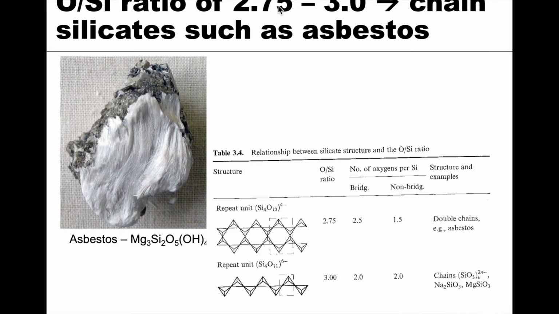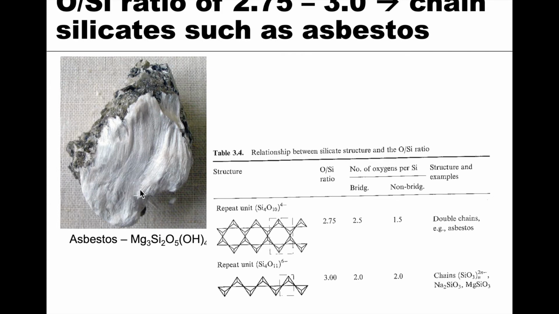All right, so the 2.75 to 3, these are the chain structures. One example that you're probably going to be familiar with is asbestos. Asbestos is a double chain structure. Because of this linear, chain-like structure, the silicate forms into fibers.